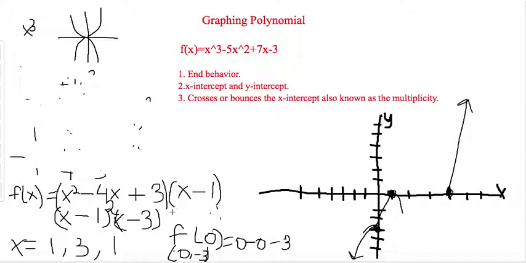It has a multiplicity of 1, which is odd, so it will cross the x-intercept. So bounce from there, and then kaboom, it crosses. And that's pretty much how you graph a polynomial.